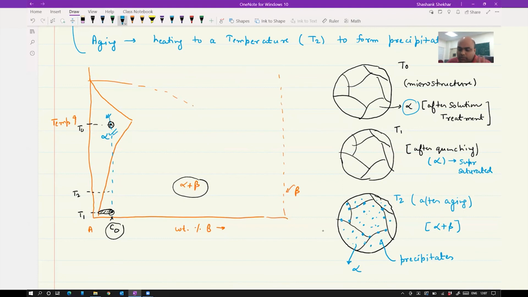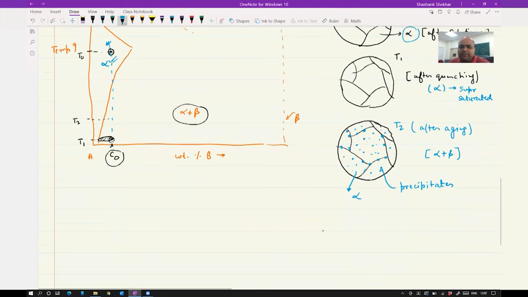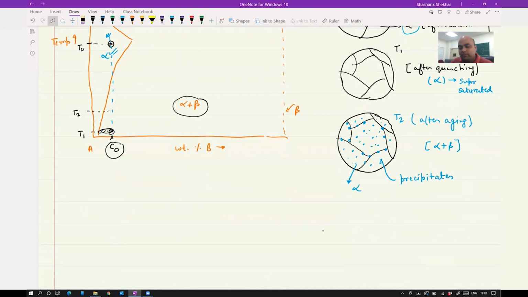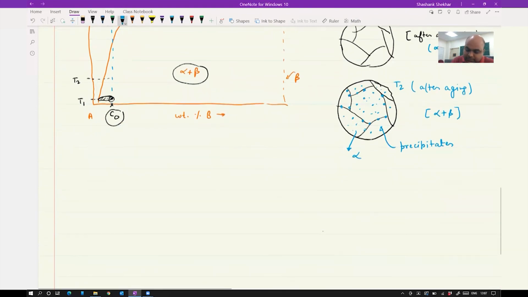Now, the aging treatment I mentioned right before: after quenching, you can leave it at room temperature and give it a sufficient amount of months and years, right? When this happens and you form precipitates, the process is called natural aging.